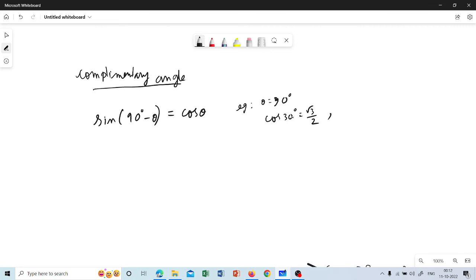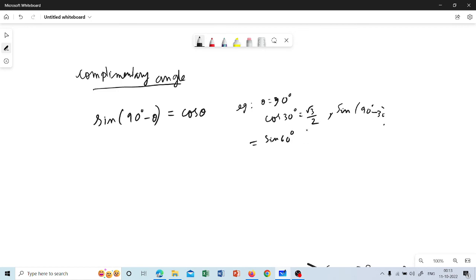Now, what is cos 30? According to this formula, it is equal to sine 90 minus theta. So sine of 90 minus 30, as theta here is 30, is equivalent to sine 60.